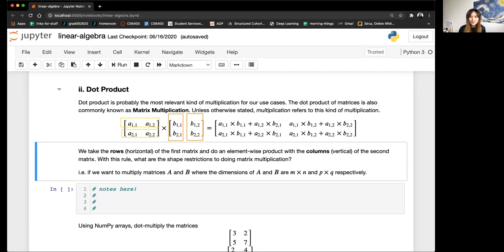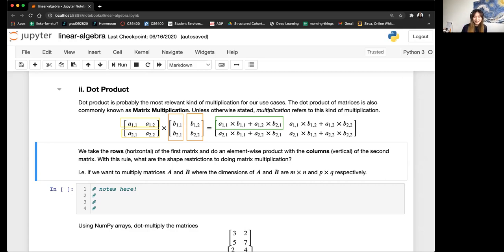So for this top left element here, you can see that it's A11 and A12 element-wise with B11 and B21. So it's basically this first row here multiplied by this first column here. It's kind of like an element-wise multiplication, but only within the vector.